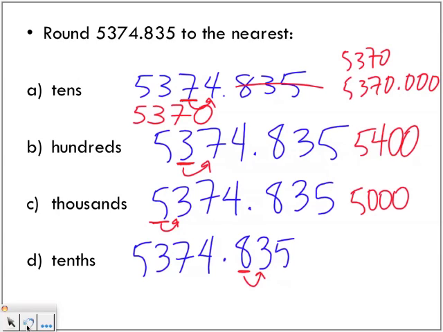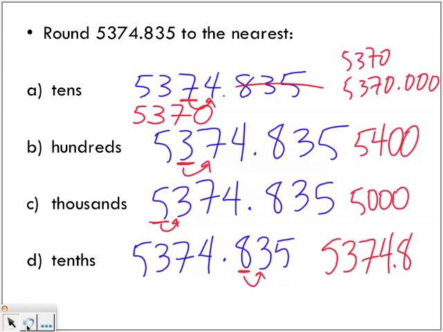No. Now, what am I going to keep? 5, 3, 7, 4, 0.8. And do I need the zeros here? No, because they're in my decimals. Like I said, they will become important down the road when we get to some of the senior level sciences, when we do significant digits in chemistry and physics.